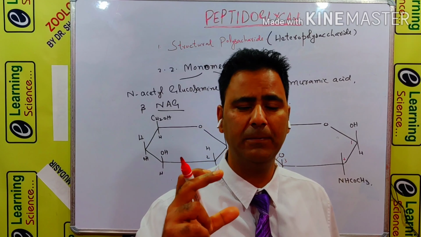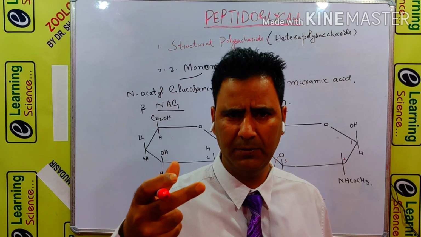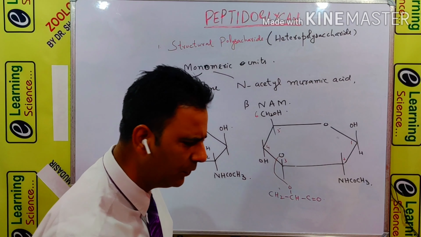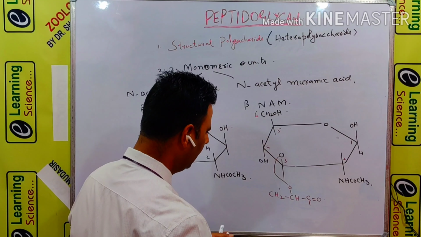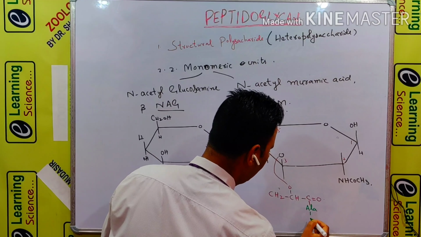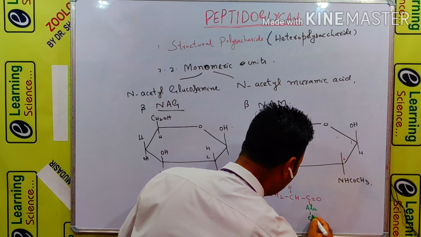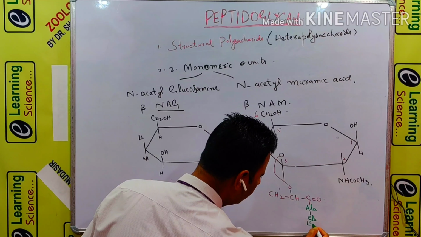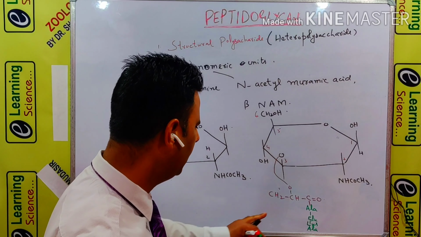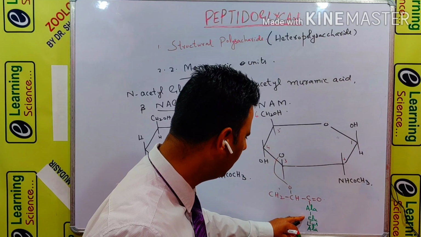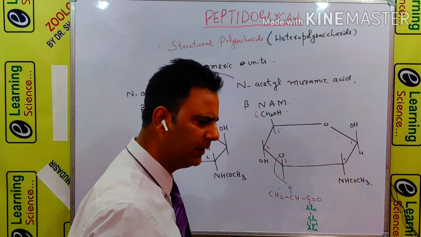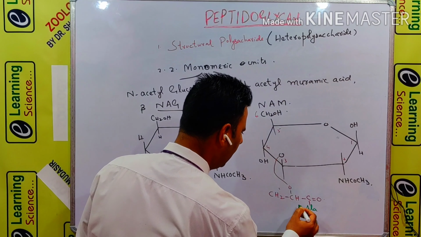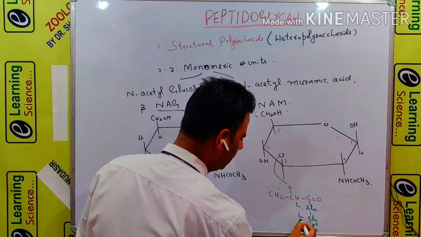There is a small peptide chain, made up of a small chain of amino acids, and the total number of amino acids in that chain is 4: alanine, isoglutamate, lysine, and alanine again. Remember, the proteins are mainly formed of L amino acids, so this is L-alanine, L-isoglutamate, and L-lysine.